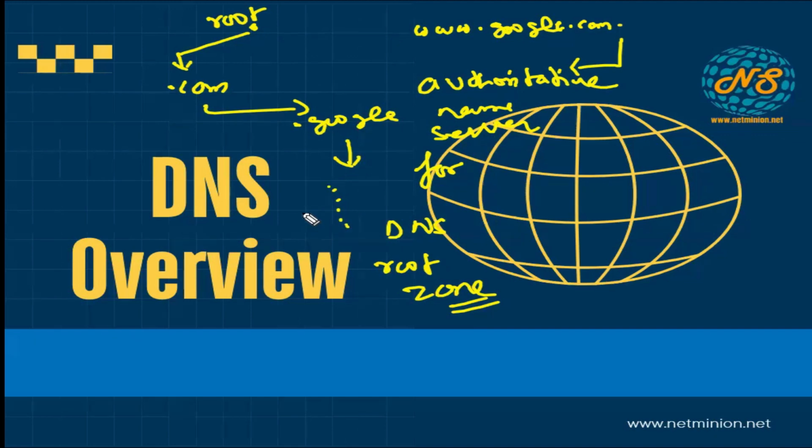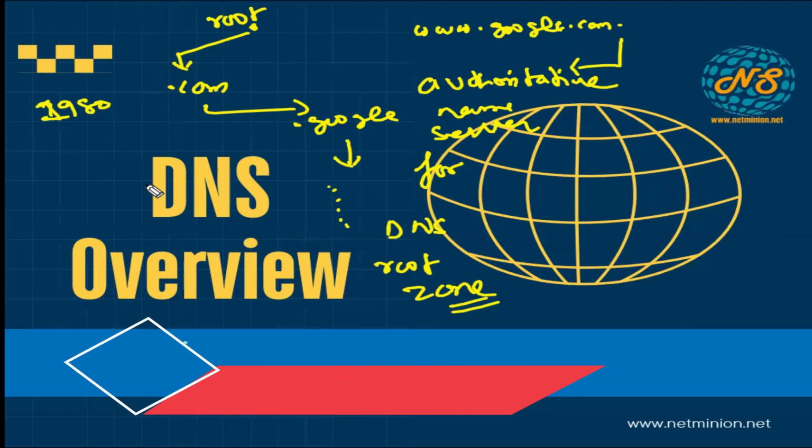The concept of root servers dates back to the early days of the internet, with the first root server being implemented in the 1980s. As the host file was growing very much, the root server came into the picture at that time.